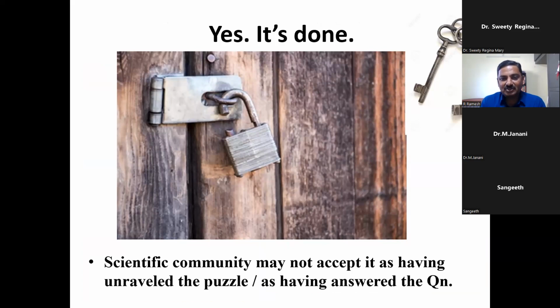Whatever research we come out with, the scientific community must accept it as an excellent way of approaching this problem, with a good methodology that looks unbiased and scientific, and then an answer. That is fine. But if the scientific community does not accept the way we have answered the question, then that becomes a problem.